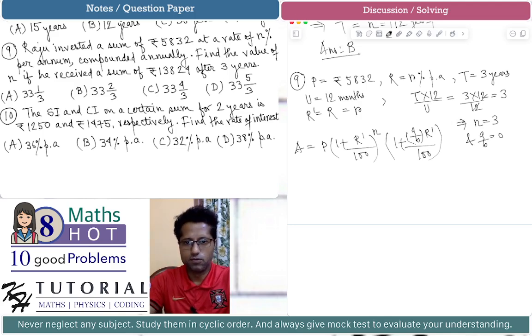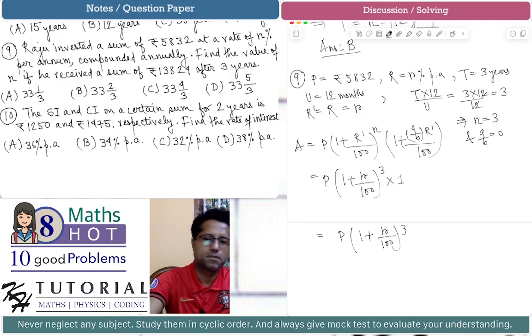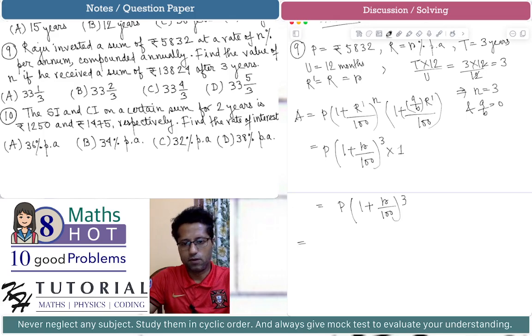We will put the values in later on. Let's try to simplify the rest of the expression. So R dash is equal to small r by 100, to the power n is equal to 3, and this factor is equal to 1. So this is basically P multiplied by 1 plus r by 100 to the power 3.